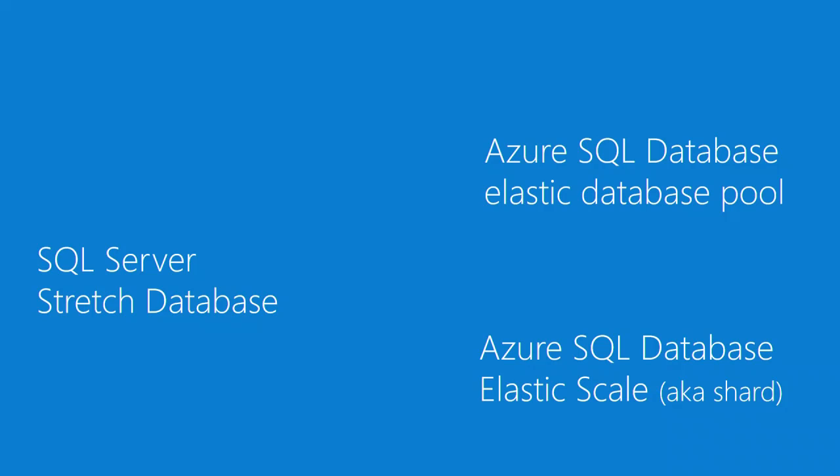The other two are SQL Database Elastic Database Pool, which we'll just call Pool because it's shorter, a SQL DB in Azure feature. Also, Azure SQL Database Elastic Scale, which we'll just call Shard because it's much shorter, is also a function of Azure SQL DB. So these last two are really PaaS offerings. The Stretch is for your local problems. So we'll talk about Stretch first.